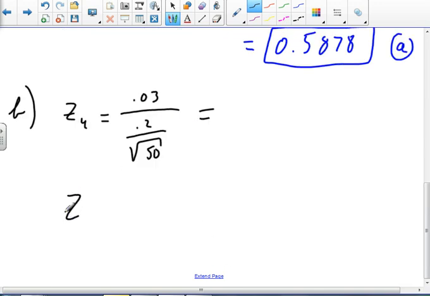And I want my lower Z to be negative 0.03 divided by 0.2 divided by the square root of 50. Would that be negative? Yes, just the 0.03, but the answer will be negative.